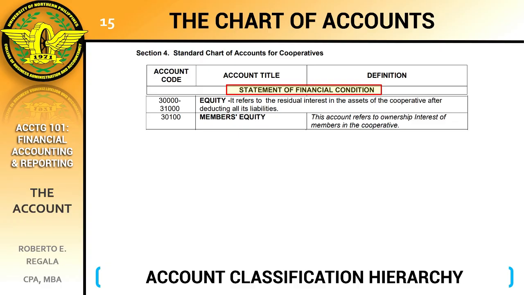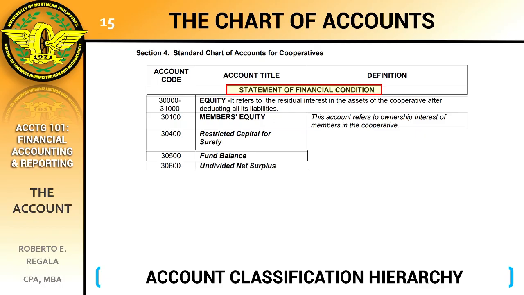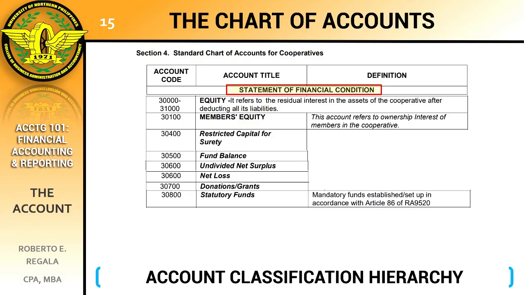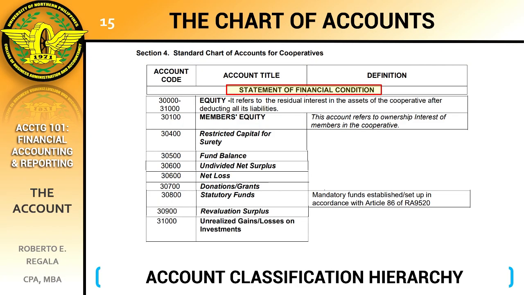For cooperatives, there are a heap more accounts under equity, including restricted capital for surety, fund balance, undivided net surplus, net loss, which weirdly has the same account code as undivided net surplus, donations, grants, statutory funds, which are mandatory funds set up in accordance with Article 86 of RA 9520, revaluation surplus, and unrealized gains or losses on investments.